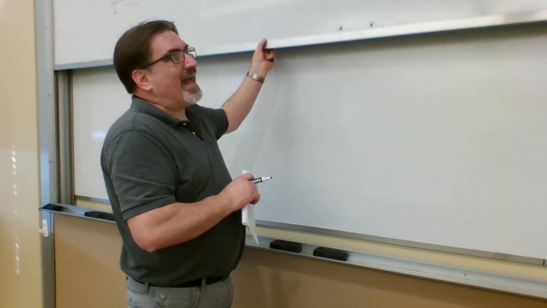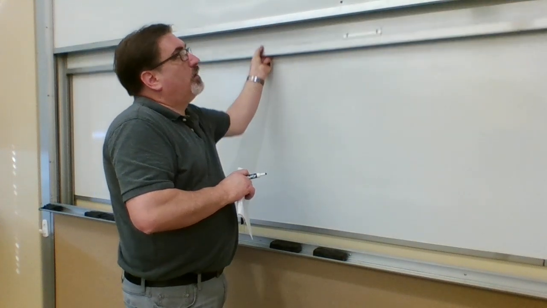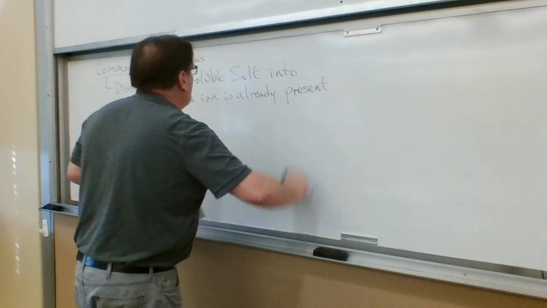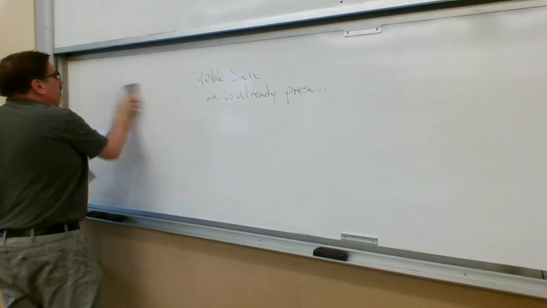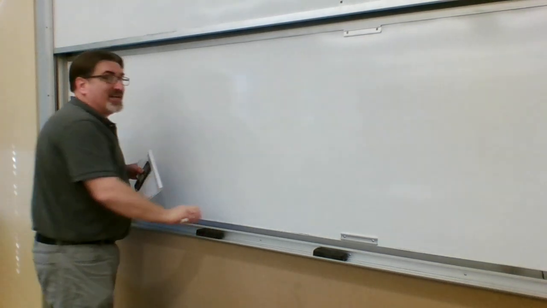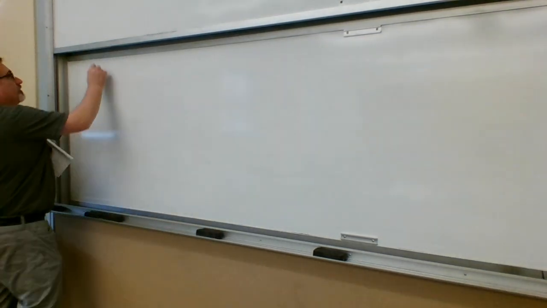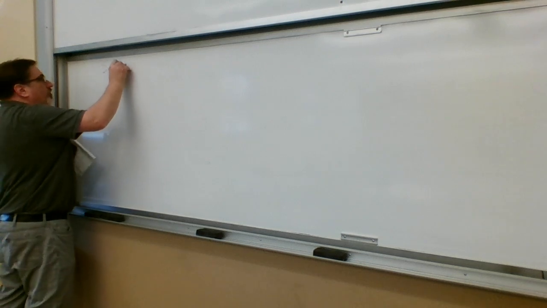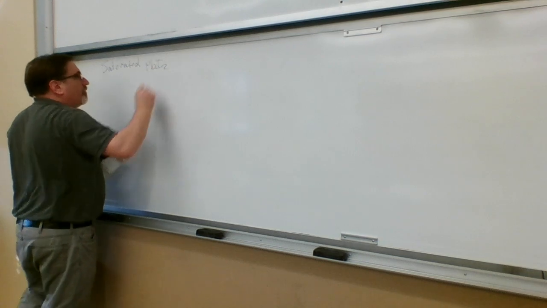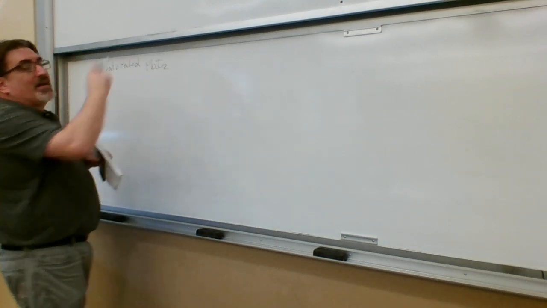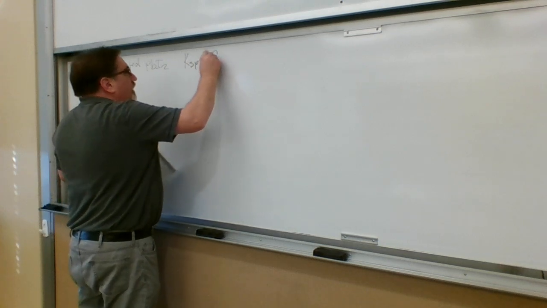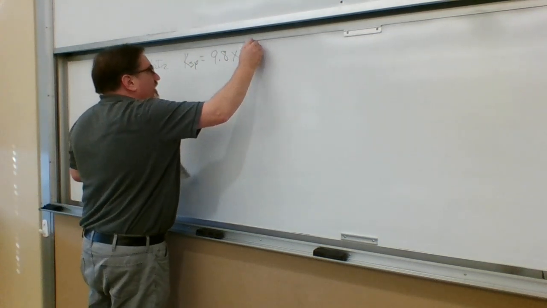So let's do this without the common ion. So if we work this as a regular problem, what is the concentration of Pb2+ in saturated PbI2? So we still have our Ksp, 9.8 times 10 to the minus 9th.